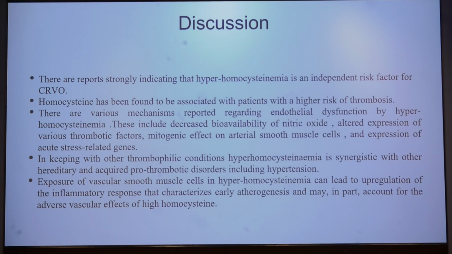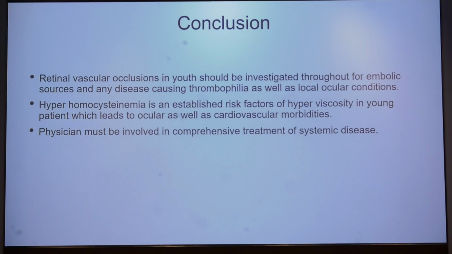Like other thrombophilic conditions, hyperhomocysteinemia is synergistic with other hereditary and acquired prothrombotic disorders. Exposure of vascular smooth muscle cells to hyperhomocysteinemia can lead to upregulation of inflammatory response, which characterizes early atherogenesis and may in part account for the adverse effect of high homocysteine.